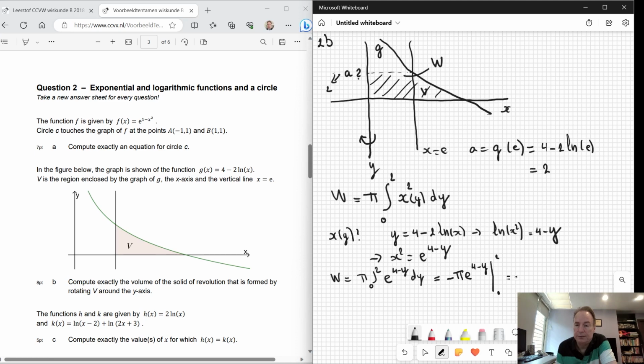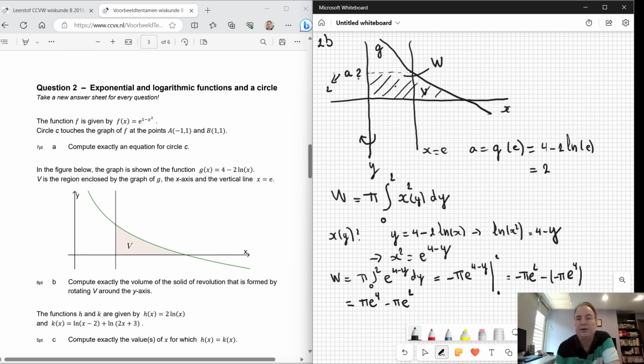So that is minus pi times e to the power e squared minus then negative pi times e to the power 4, which is, let me put this in front, pi times e to the power 4 minus pi times e to the power 2. That is our W.